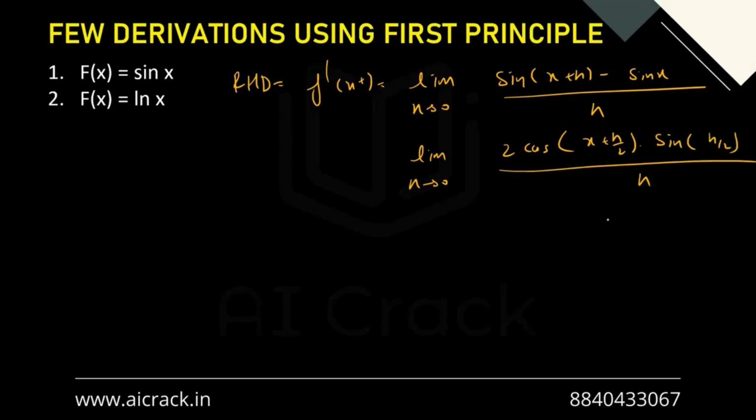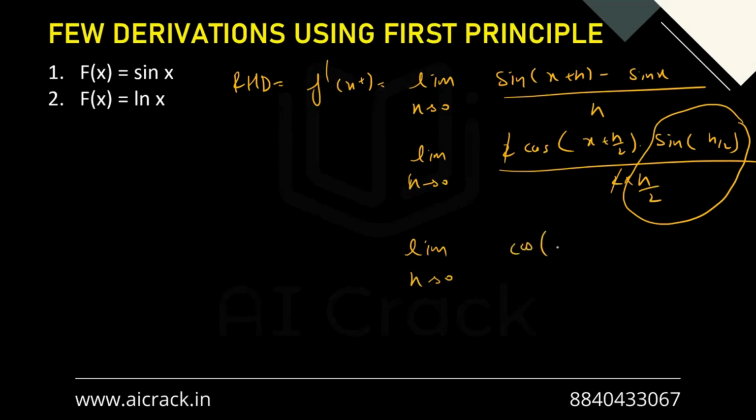Divided by h. Now this looks like a standard limit because h is approaching 0, right? But we don't have h by 2 over here, so let's create that. We'll be multiplying and dividing by 2. Now this 2 gets cancelled out and this becomes the standard limit, right? So this becomes limit h approaches 0 of cos of x plus h by 2 dot 1, because this is 1 only, right?